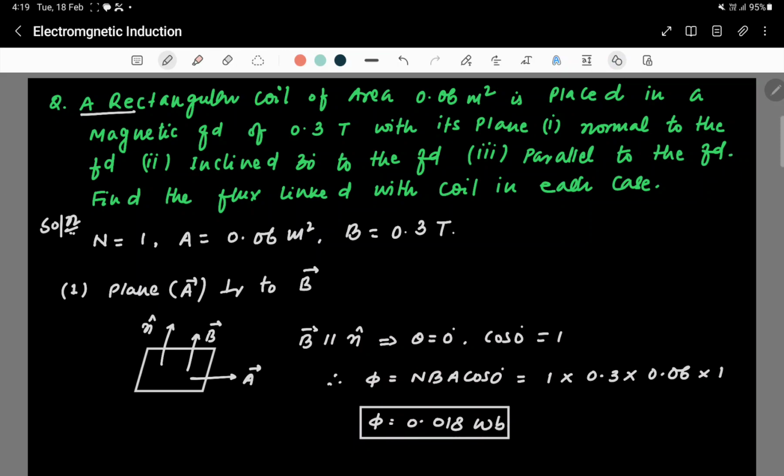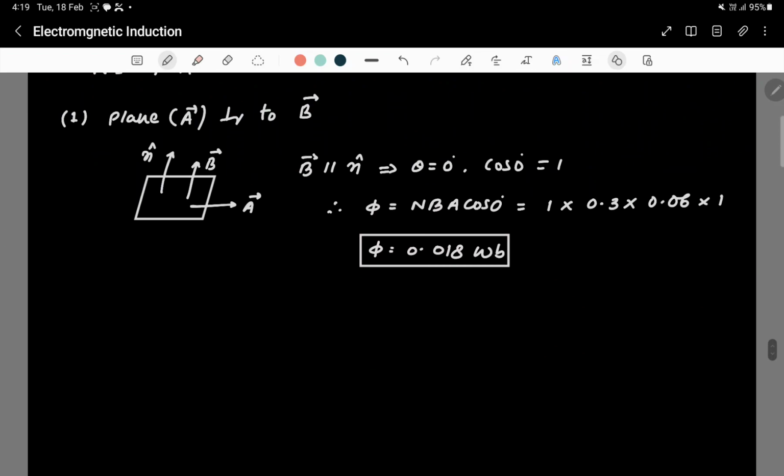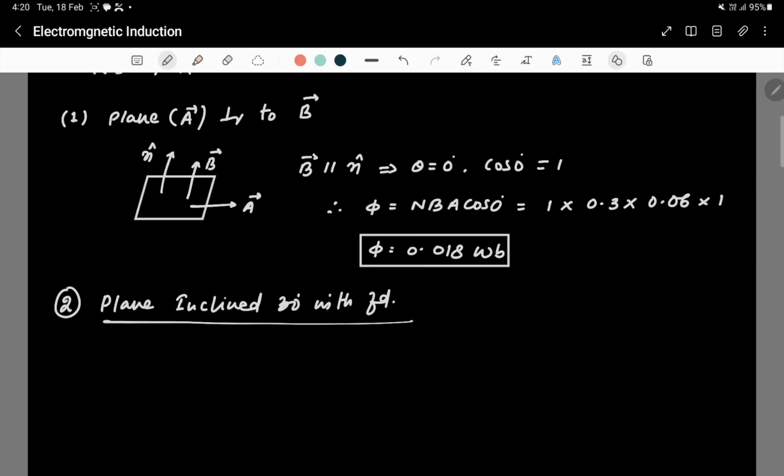What is the second point here? The question says the plane is inclined at 30 degrees with the field.